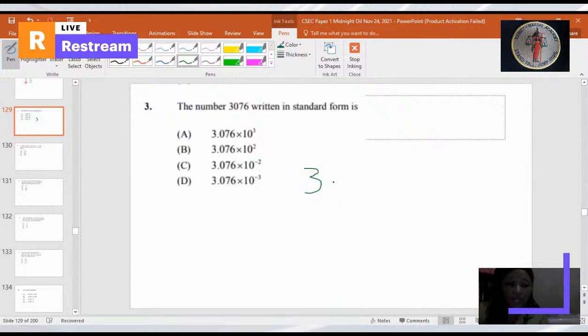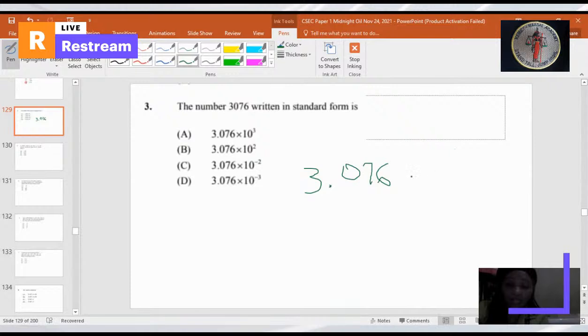All right, so 3.076. So now we ask ourselves, we have to write it as times 10 to the power of something. So what would we need to multiply?